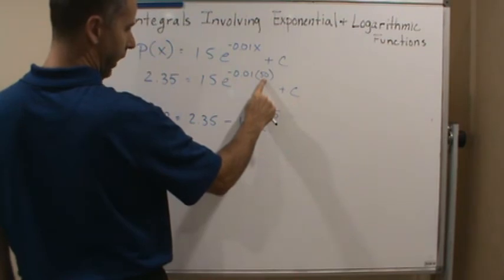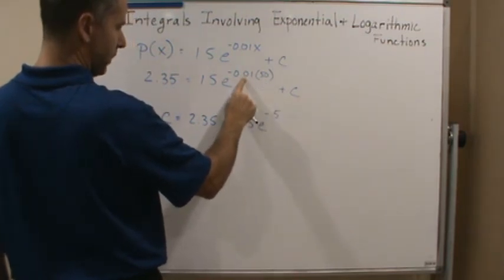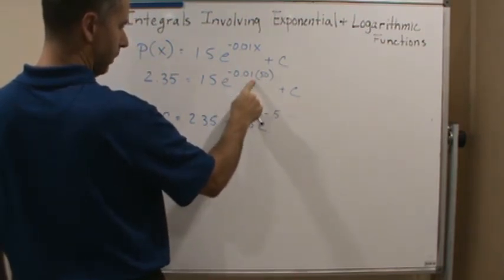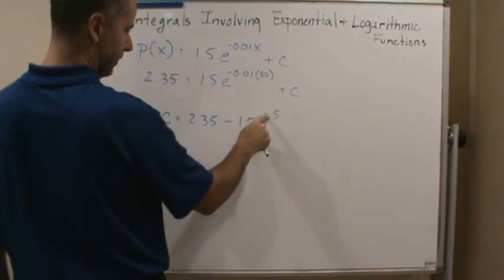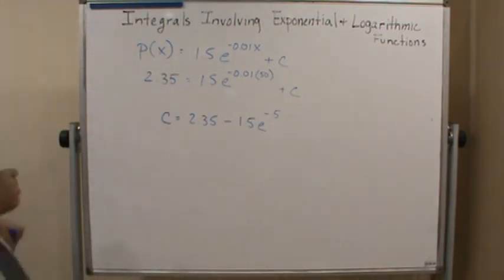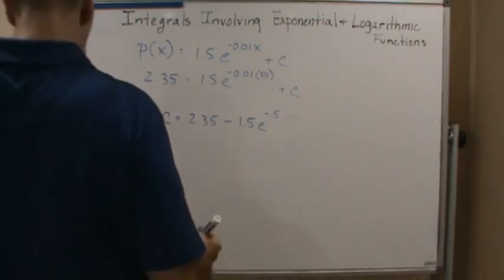Just think about it: 100 times this would be negative 1, so half of that is negative 0.5, so that's right. So now all we have to do is get our calculator and plug it in. And then we find that c equals 1.44.